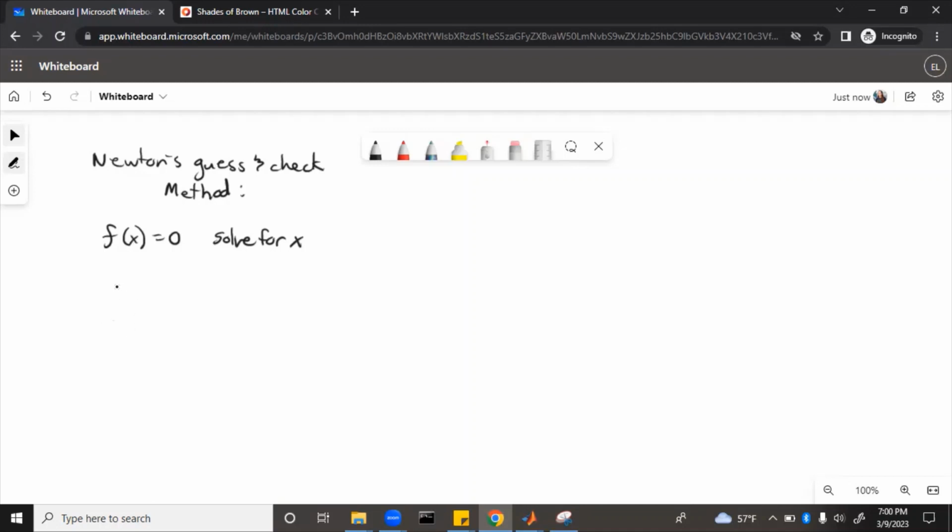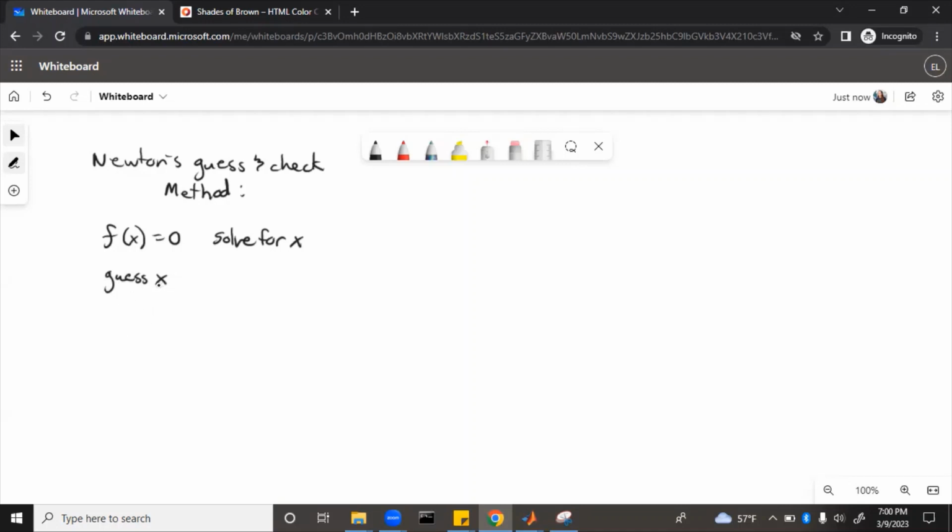So Newton's method actually does this in an organized iterative fashion. So first thing you do is guess. So you want to guess a value for x that is reasonably close. For something like angles in a vector loop, you want to get your quadrant right. Or sometimes, if the angle is straight up or down or straight to the side, you want to bias it a little bit in the direction that your linkage is going to move.